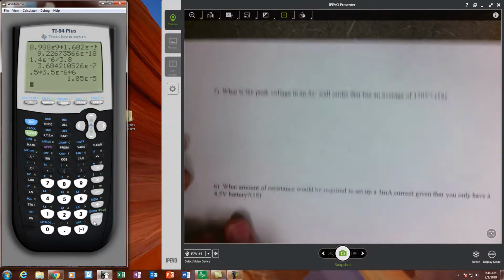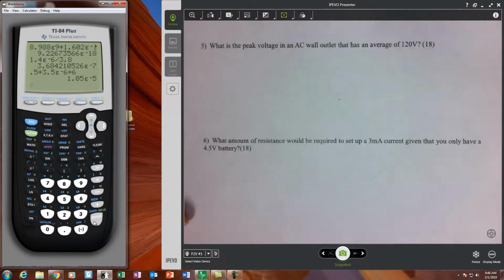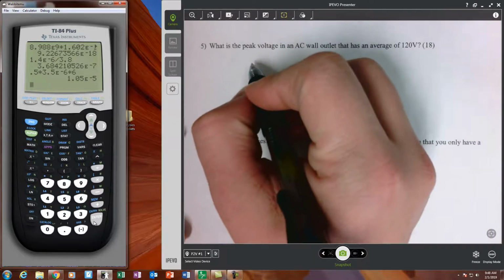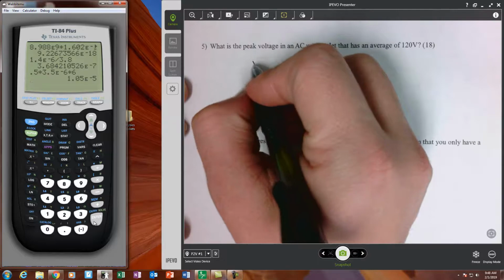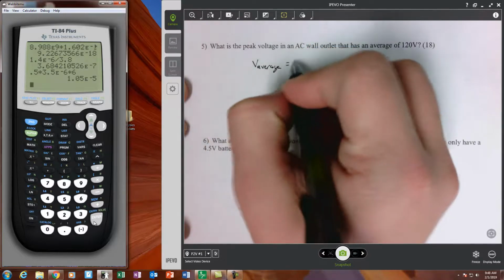All right, question number 5. What's the peak voltage in an AC wall outlet that has an average of 120 volts? So we know that the V average is 120 volts.